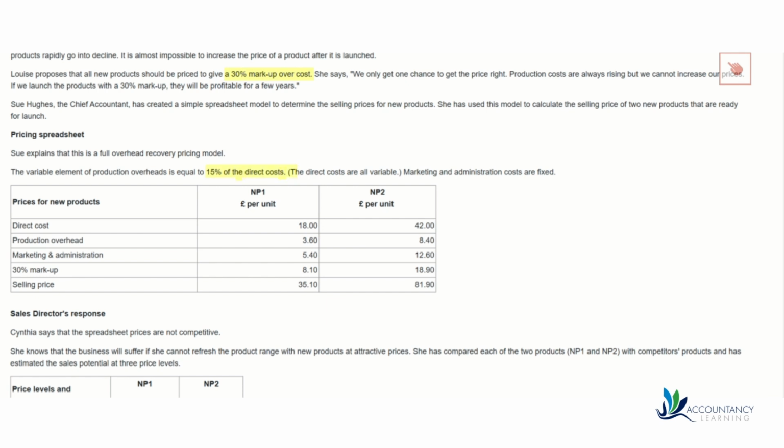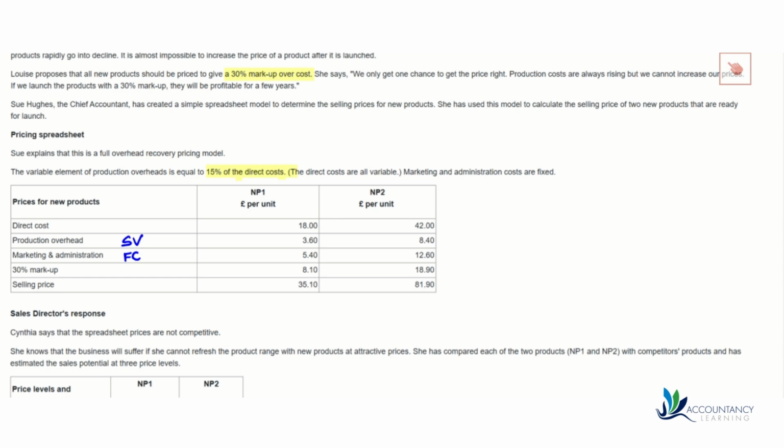And all the marketing and the administration are fixed. So we can see that the semi-variable cost is the production overheads, because it says there is a variable element of it, 15% of the direct costs. And the marketing and admin are fixed costs.